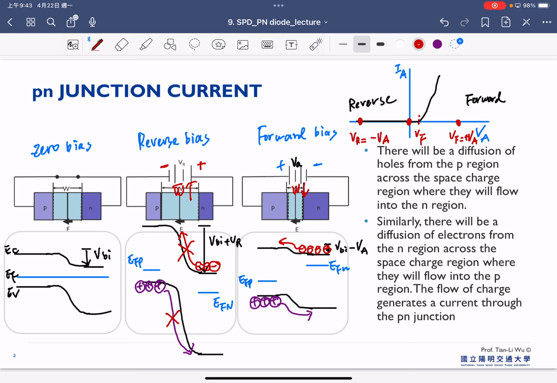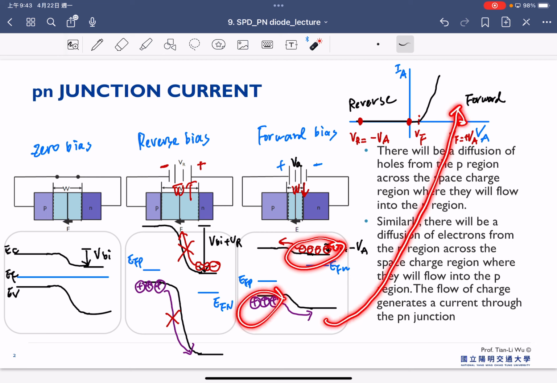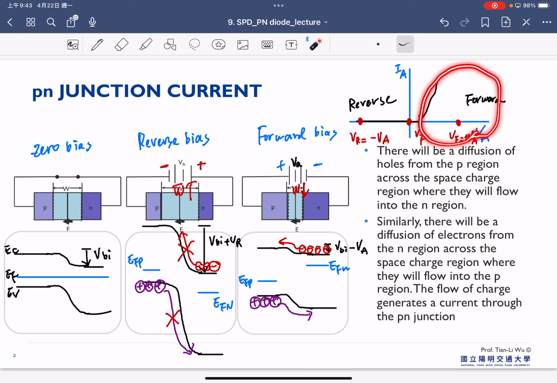So that's why we foresee there will be current flow under the forward bias. This is because our barrier in this region is reduced, and finally our carriers can move from right to the left, and also from the left to the right.